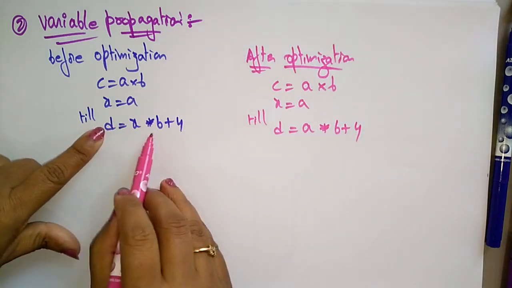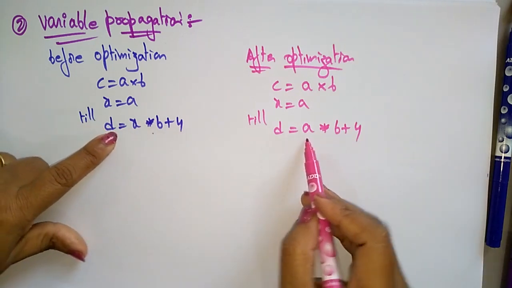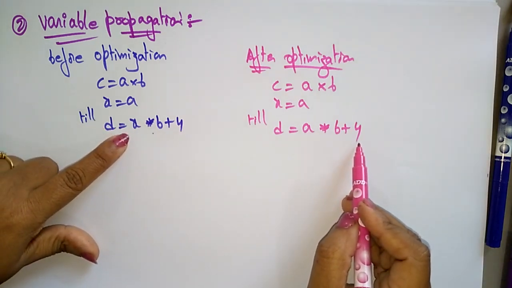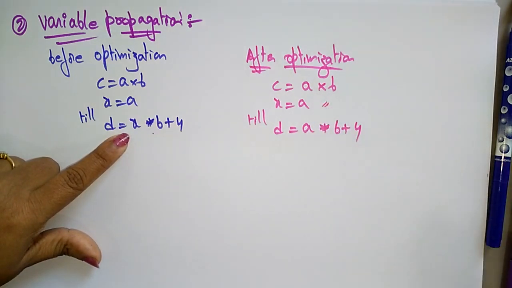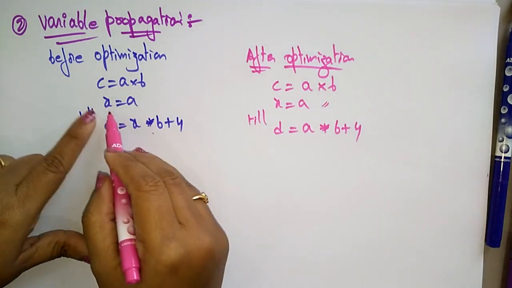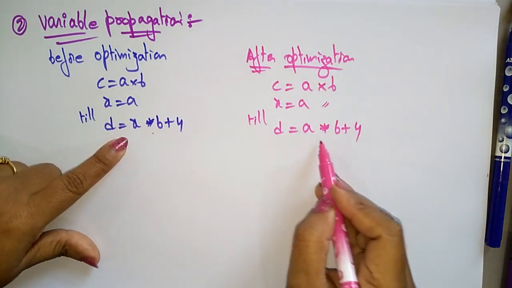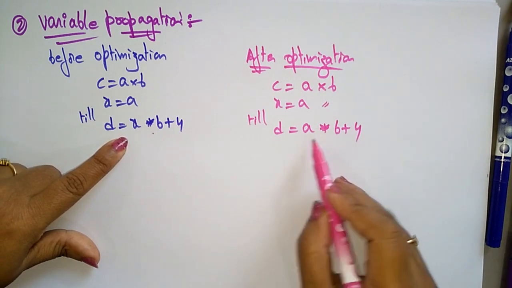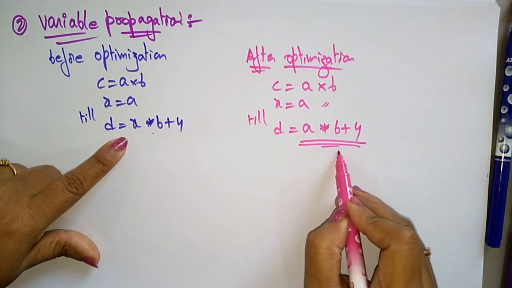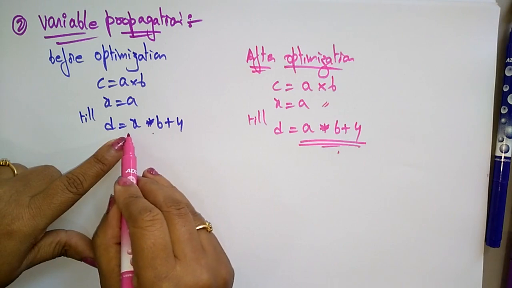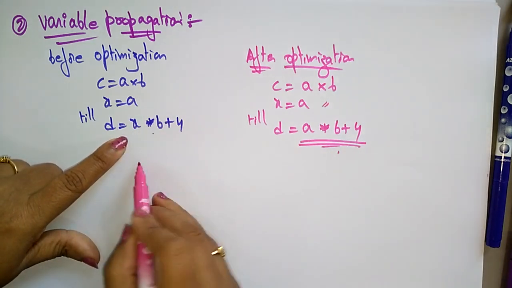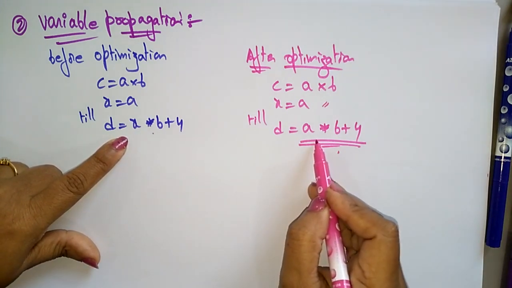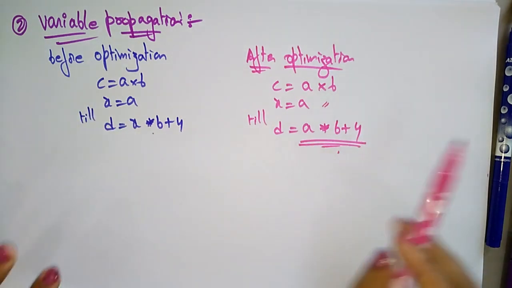Instead of writing X into B plus 4, we have directly written A into B plus 4. Actually you can eliminate this if you are doing the code elimination, but here the variable propagation is, instead of writing the variable X, you directly write A into B plus 4, because the compiler directly takes this equation. It substitutes the A value and gives the equation like this. So this is variable propagation.